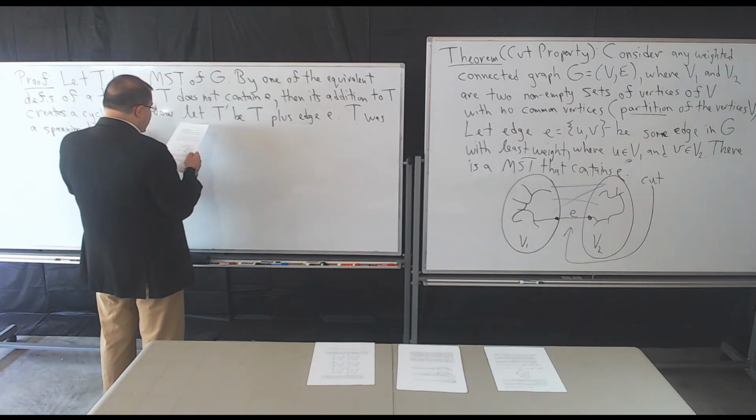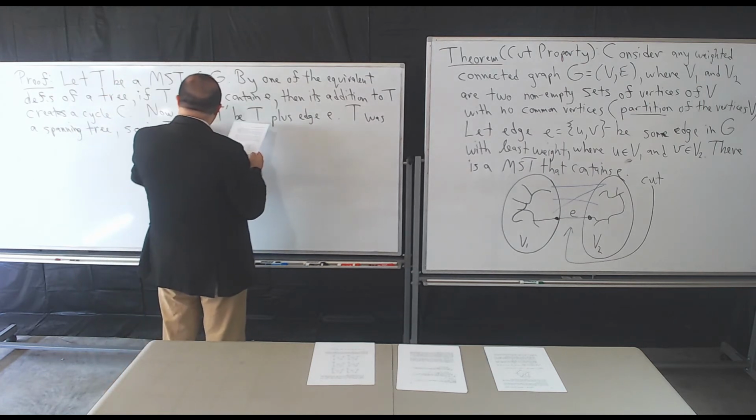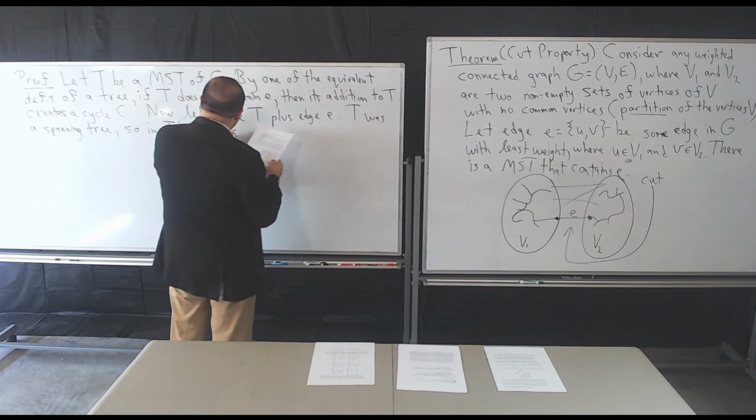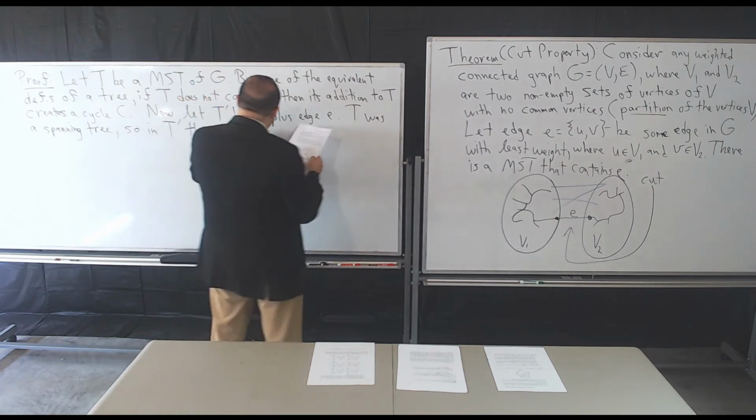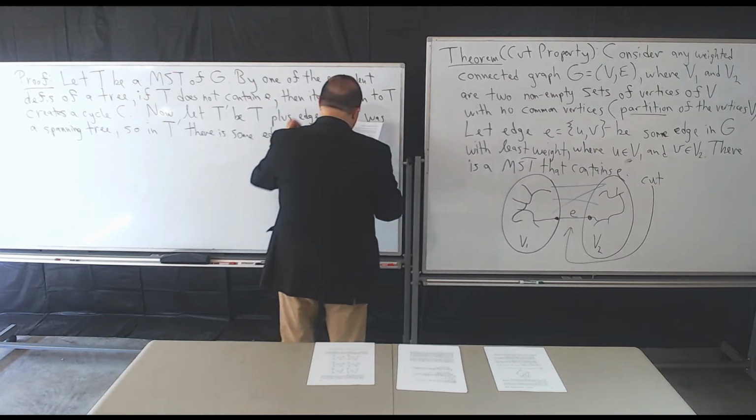It's a spanning tree. So in T prime, there is some edge, and this edge is one of those blue ones.